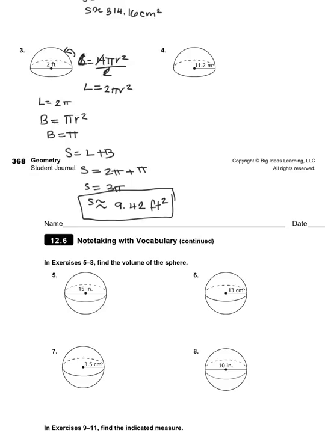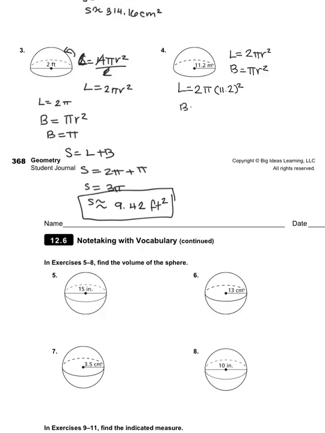So once again, I know that because this does have a base, I'm going to do the lateral area of this sphere, and then I'm going to add the base. So I know that the lateral area, as I've seen before, is going to be 2 pi r squared, okay? And then the base is going to be pi r squared, and I'm just going to add the 2. So for my lateral area, I'm going to do 2 times pi times 11.2 squared, okay?